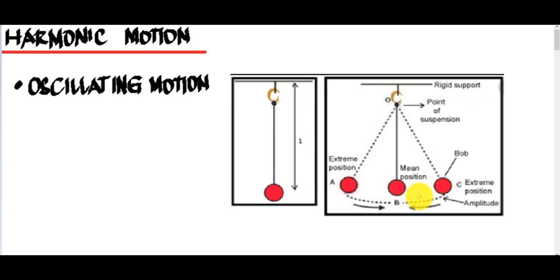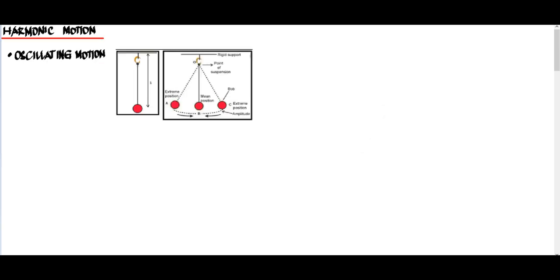If the motion is repeated after an equal interval of time, it is called a periodic motion. Now, the simplest type of periodic motion we call the harmonic motion.